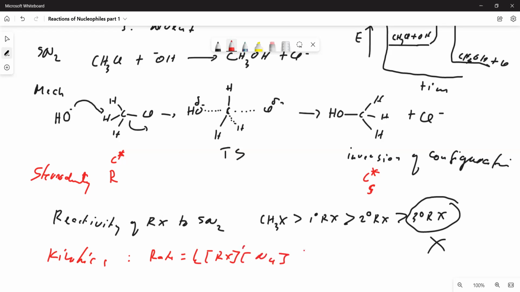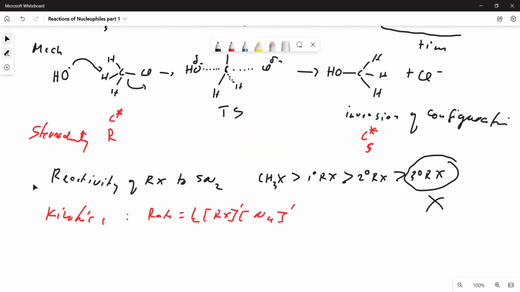First order with respect to alkyl halide, and also first order with respect to the nucleophile. So if you want to increase the rate of SN2, then we have to increase the concentration of alkyl halide or increase the concentration of the nucleophile because they can enhance the rate of the reaction. So that's the kinetics of SN2 reaction.